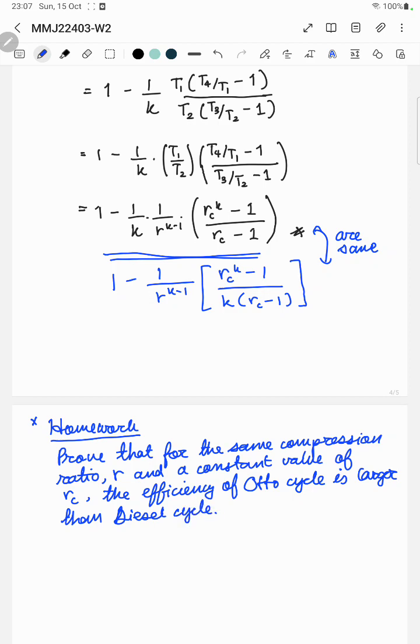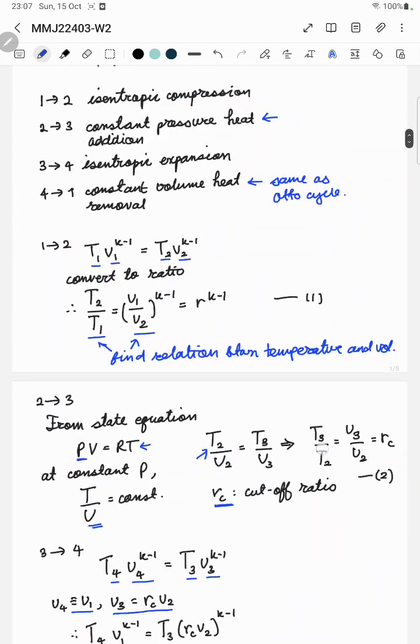So this is the homework that I'll be expecting you to complete by the coming Friday. And let's use the value of k to be 1.4, and rc is a constant, but if you feel the need to use any number, let's see the diagram first.